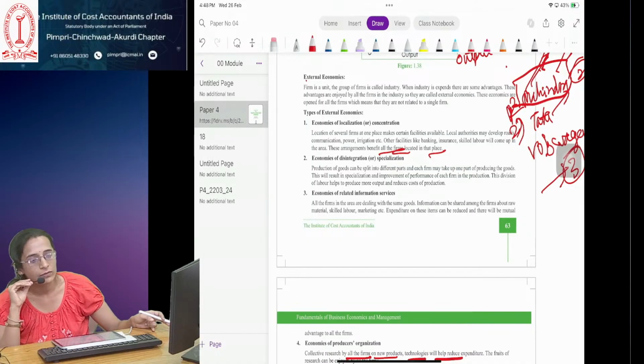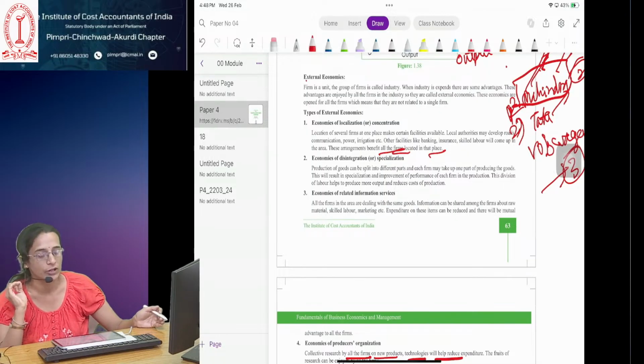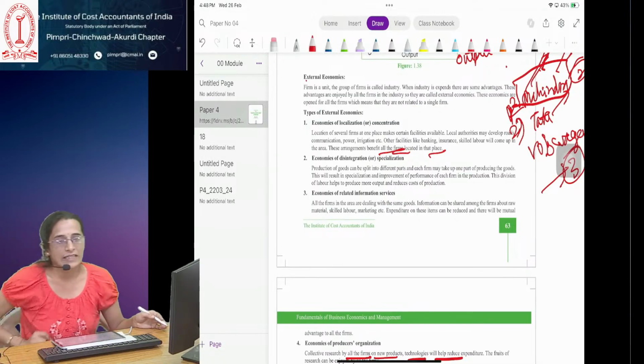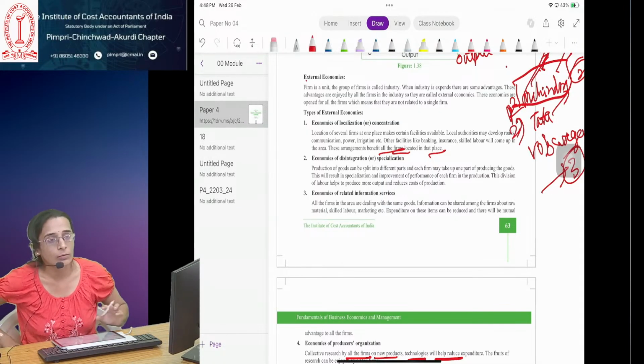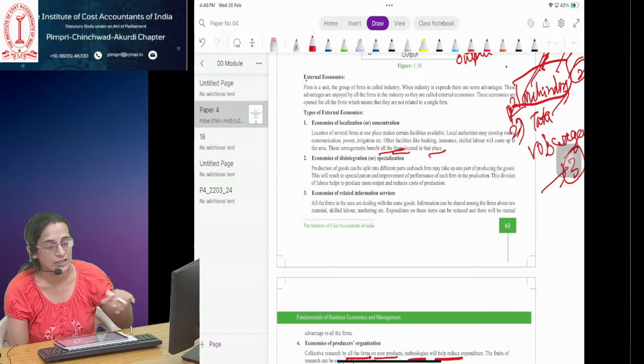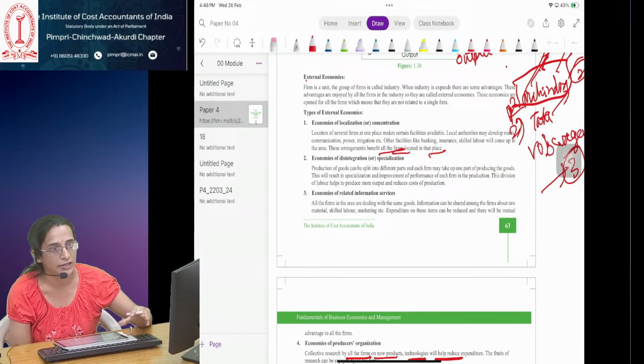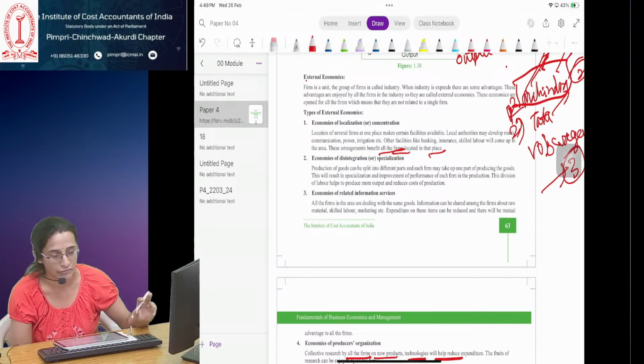Economies related to information services, what they are saying? See, this is also not a very genuine advantage that they are saying. They are saying, if the organization, firms in the particular industry or automobile industry share with each other the skilled labor, information related to the skilled labor, related to the raw material, it will benefit every firm.